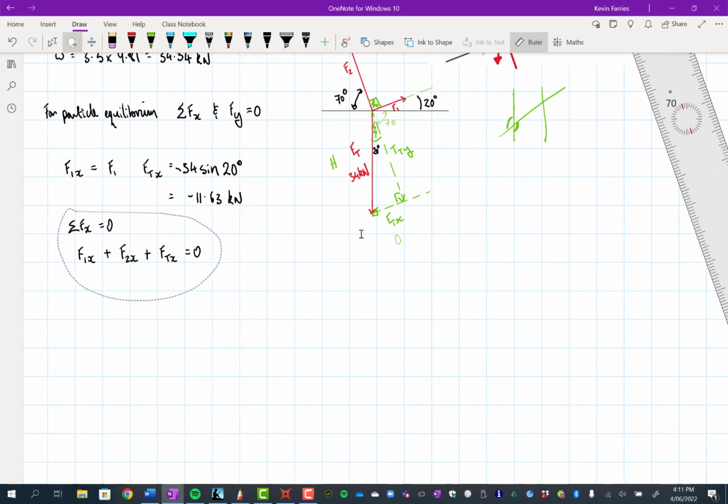Just to make it clear to anyone reading the calcs, I haven't just forgotten about f2. f2x equals 0.